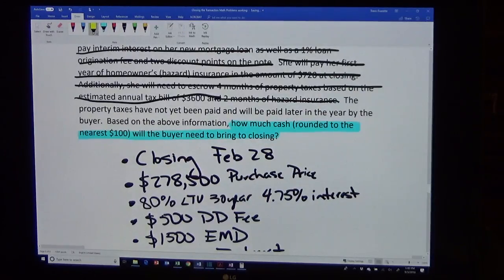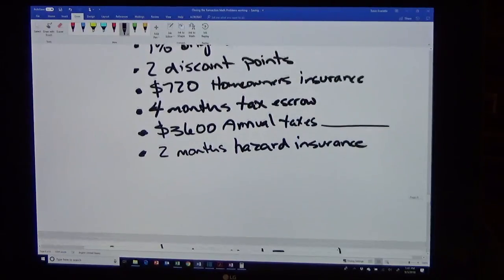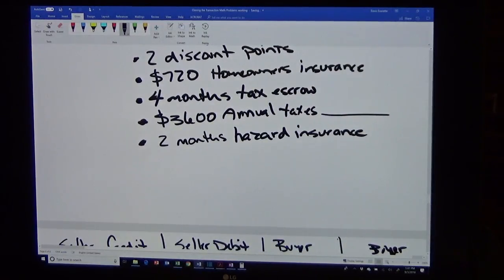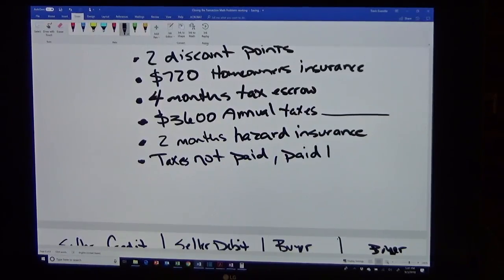The property taxes have not yet been paid and will be paid later in the year by the buyer. Again, I'm just going to take that information down and I'm going to add it to my property tax line down here. If I can get the computer to scroll. Okay. So the property taxes not paid, later by buyer.